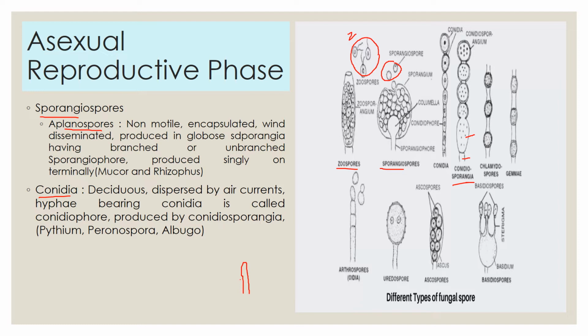The terminal conidium is the most mature and it is liberated by turgor pressure. A liquid drop helps in dispersal of the conidia. So this is how the conidia are formed. And these conidia are mostly found in the pathogenic oomycetes, such as Pythium, Peronospora and Albugo.